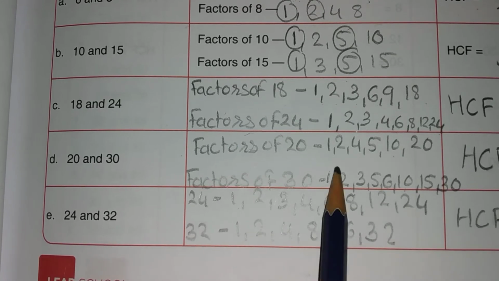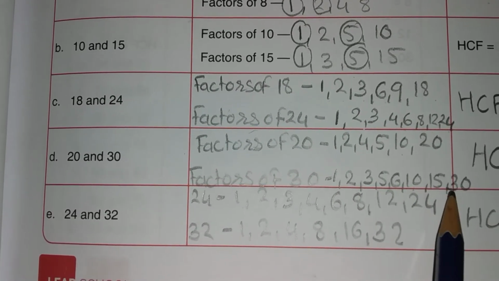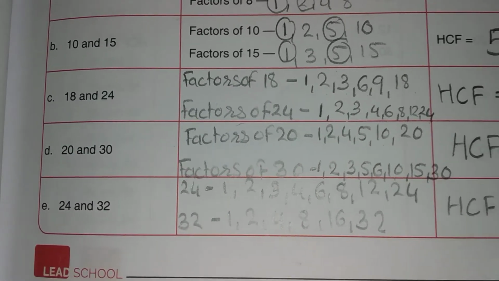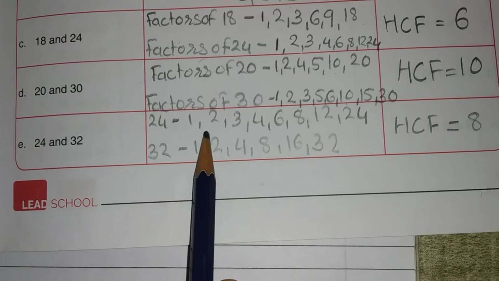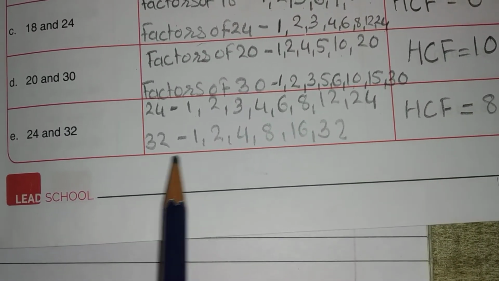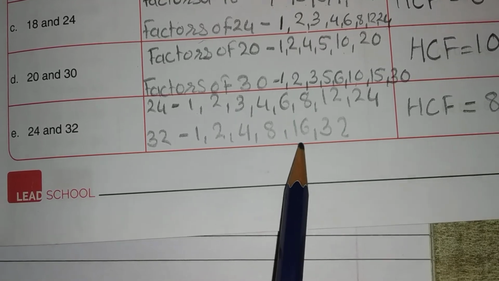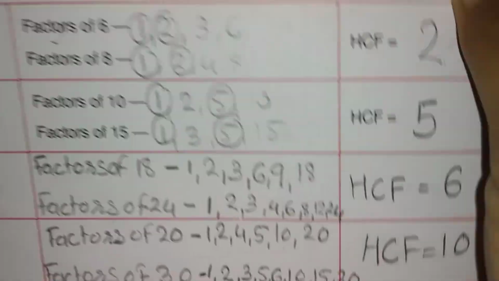Factors of 30: 1, 2, 3, 5, 6, 10, 15 and 30. HCF is equal to 10. 24 and 32. Factors of 24: 1, 2, 3, 4, 6, 8, 12, 24. Factors of 32: 1, 2, 4, 8, 16, 32. This is the highest common factor.